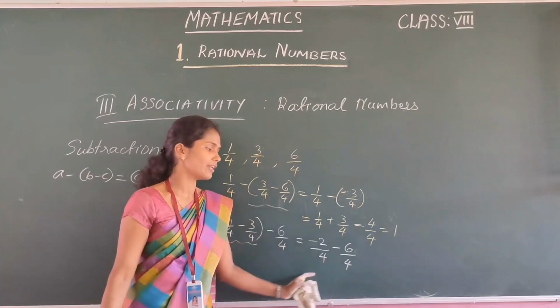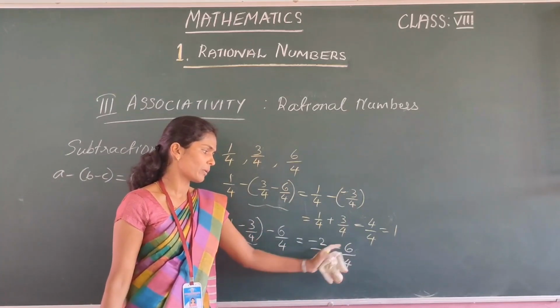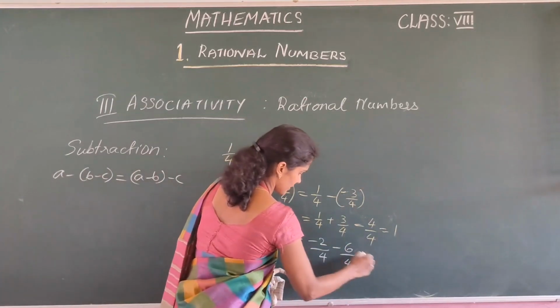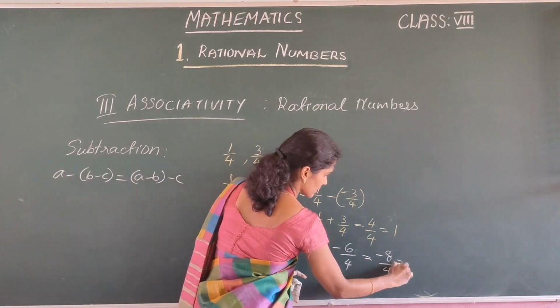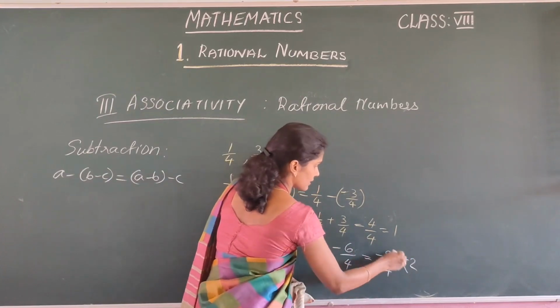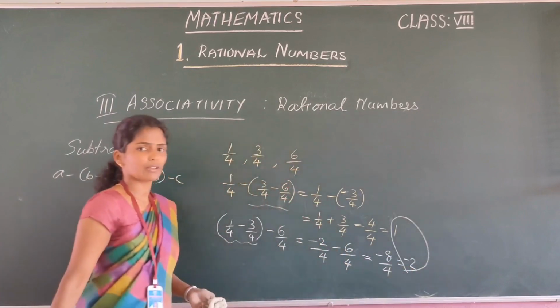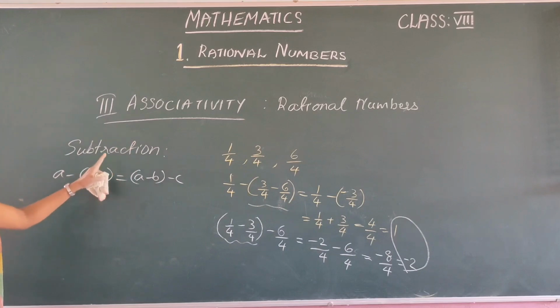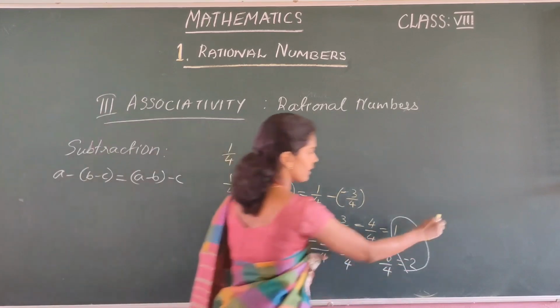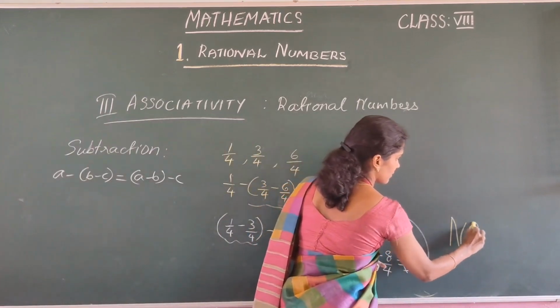Here also denominators are same, do the numerator operations only. That's equal to minus 2 minus 6 equal to minus 8/4. This is equal to minus 2. Check these two. These two are different. So, in the case of rational numbers, subtraction is not associative.